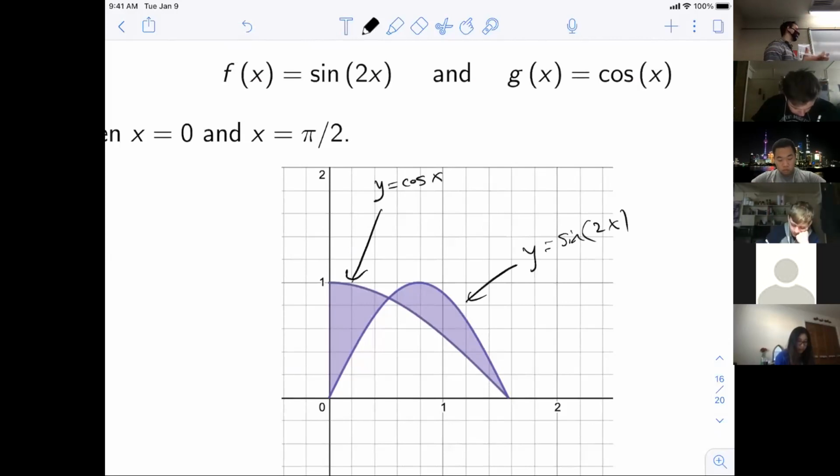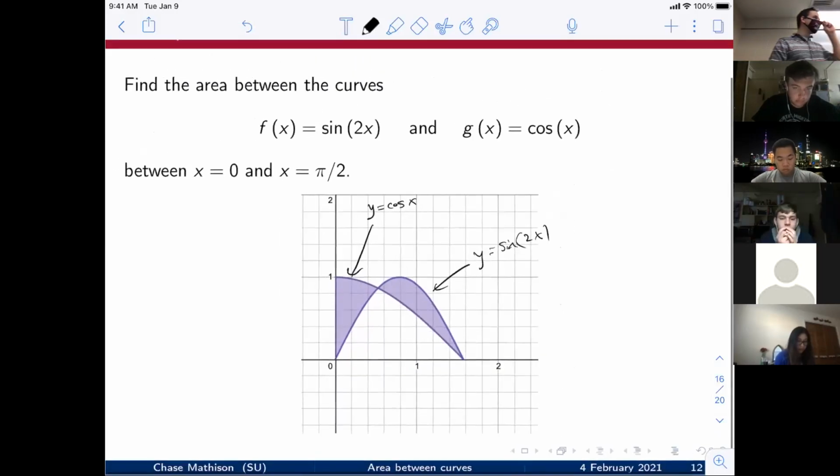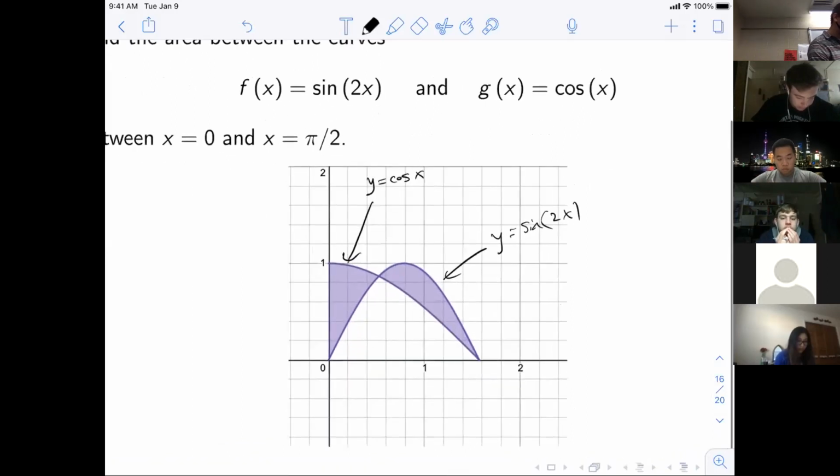The other way to notice the difference is the sine of 2x is going to be squished horizontally, right? That 2x squishes that curve horizontally. So the only thing I need to know then, just like before, is this region, I'll call it region 1. To find that, I'm going to take the integral of what?